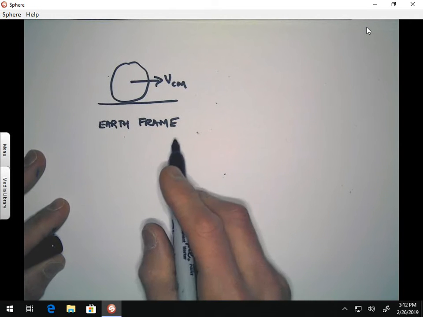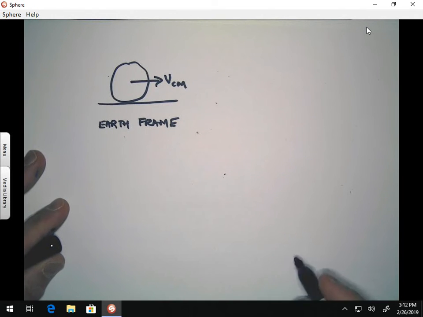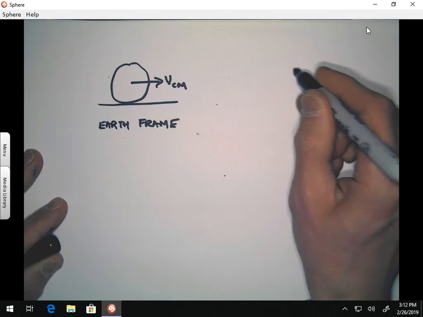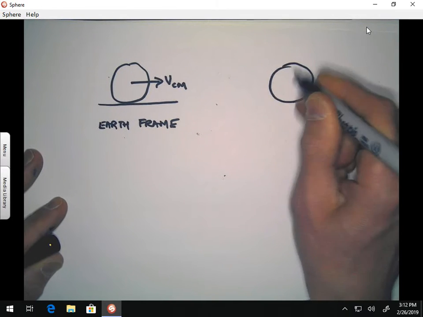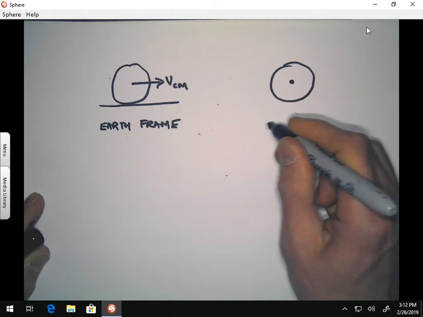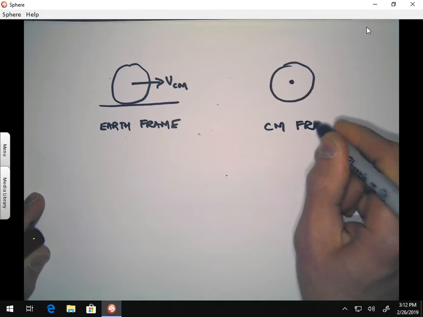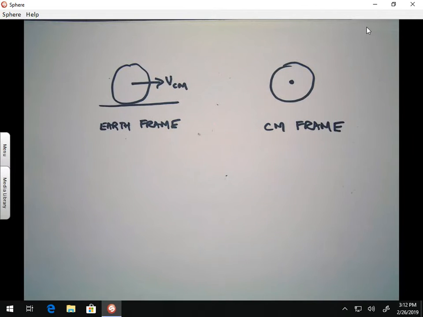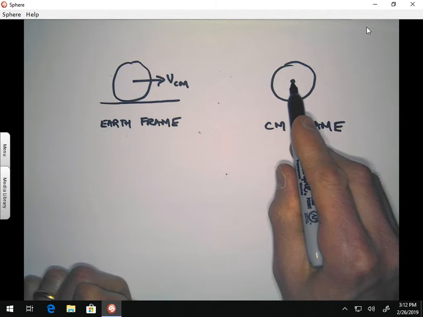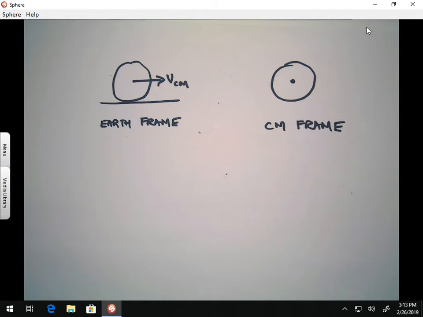Now, when you think about the rotation, it's easier to think about rotation from the point of view of the center of mass frame. What does that mean? Well, if you were shrunk down and living at the center of mass of this pool ball, you would be at rest because you're the origin.